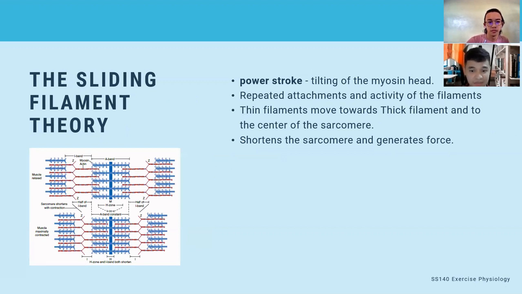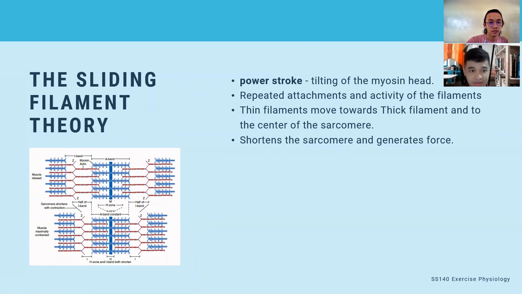So the sliding filament theory, it is the repeating attachment of the myosin to the actin molecules. The filament moves towards the thick filament and to the center of the sarcomere. It is initiated by the power stroke. Power stroke is the tilting of the myosin head, resulting for the muscle to contract and the sarcomeres and myofibrils shorten.